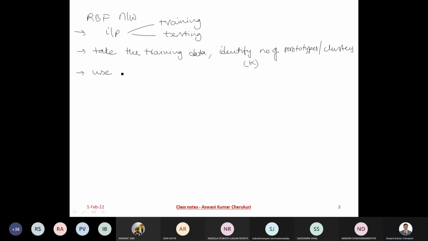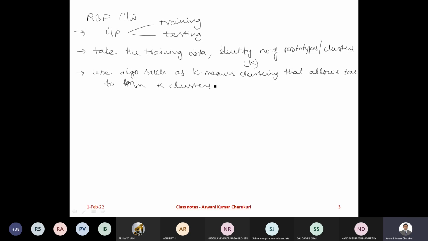Use an algorithm such as K-means clustering that allows you to form K clusters.